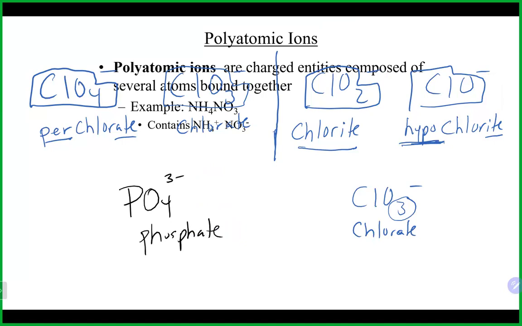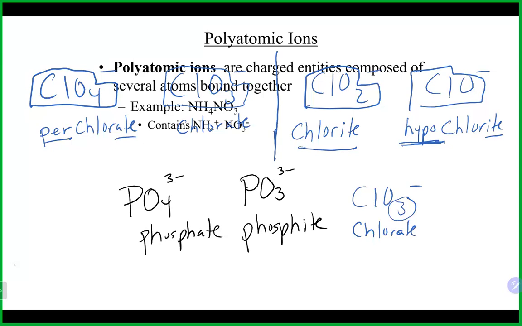What would phosphite be? Does it have more or less oxygens? It should have less, right? So I should just take off one oxygen, right? Everything else stays the same, yeah?